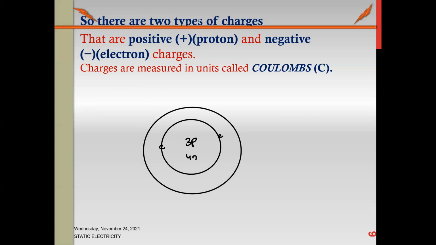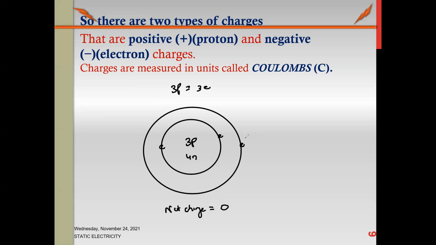Because it has 3 protons and 3 electrons, what is the net charge? The net, or resultant, charge will be 0, because protons are positive and electrons are negative.